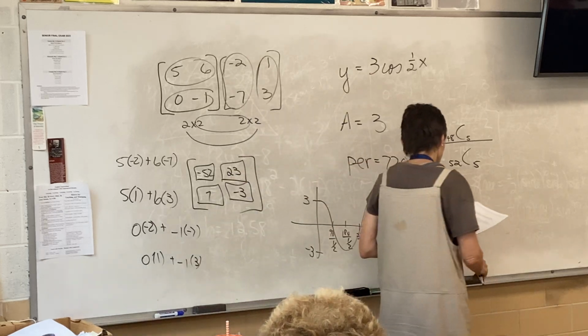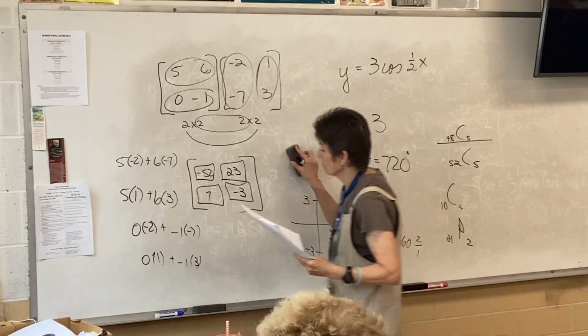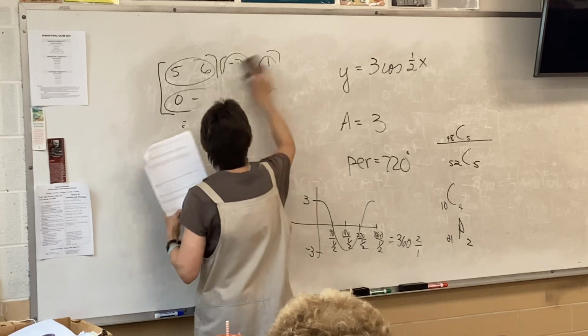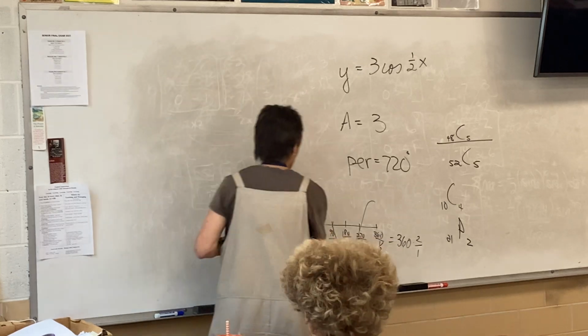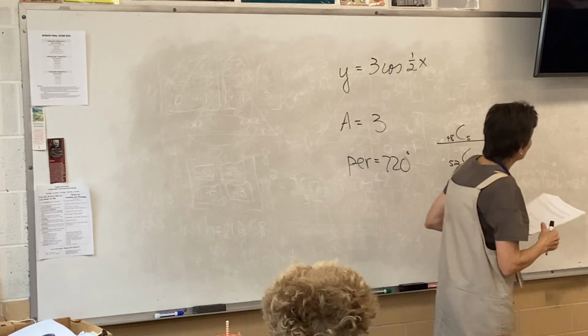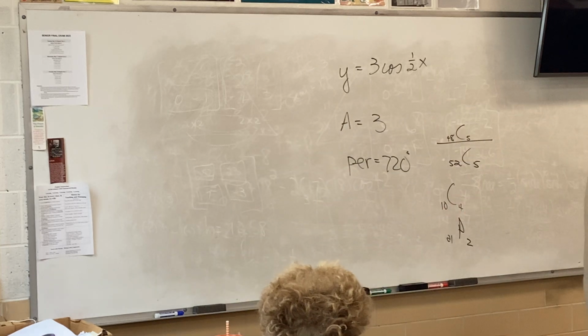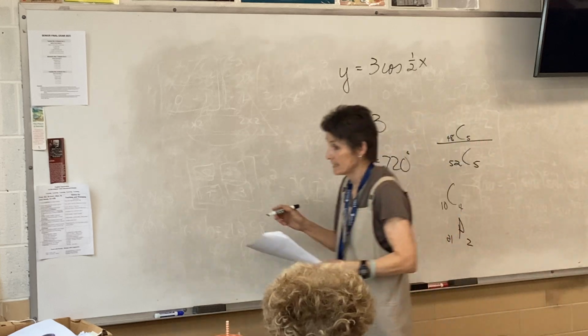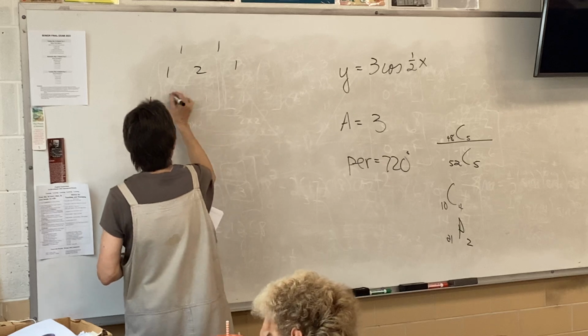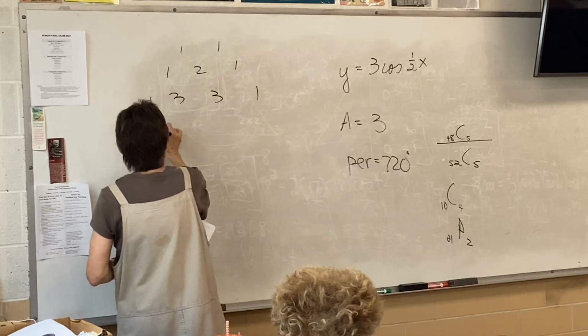20. Find the 4th term of this expansion. Now, for this problem, you are going to need Pascal's Triangle, which isn't on your sheet, so you need to know how to build it.